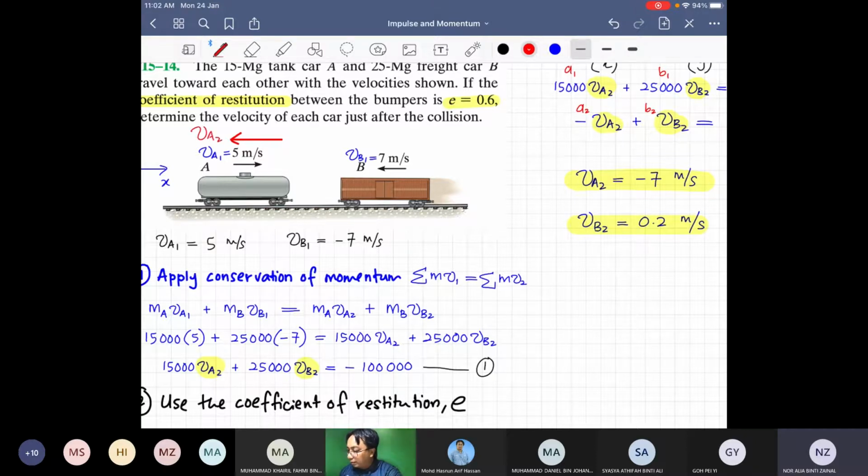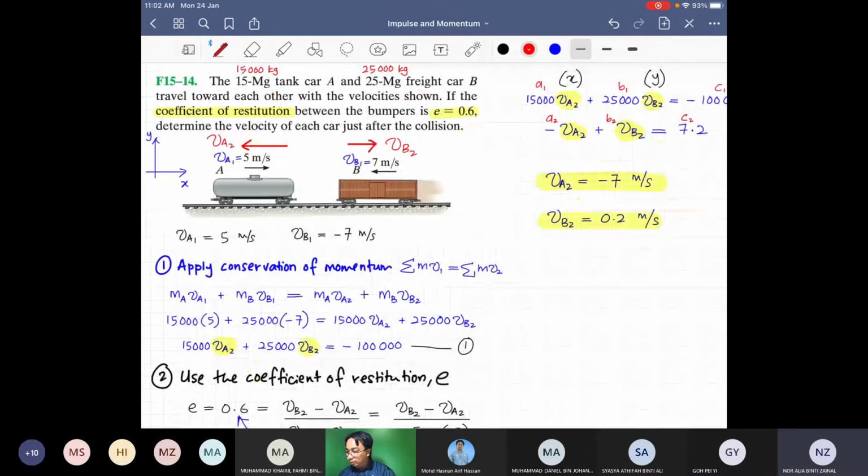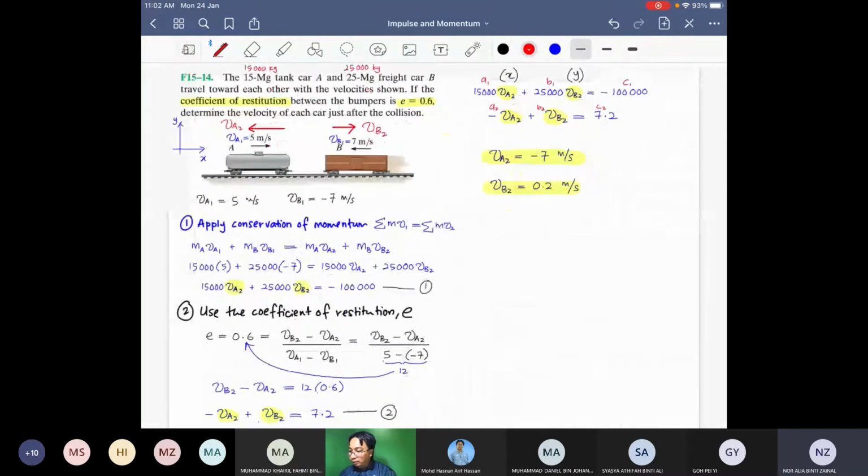And VB2, which was originally negative 7, after the impact will go to the right. So it will also change direction. This will be VB2. So that is how you solve a central impact problem. This is an example of central impact.